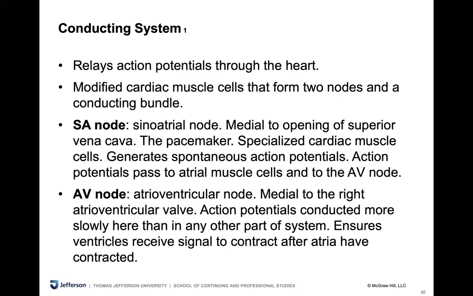Action potential is conducted more slowly here than any other part of the system. And this ensures that ventricles receive signal to contract after the atria have contracted. So essentially, you're going to have the SA node fire, which will cause the atria to contract, followed by the AV node firing, which will lead to the ventricles to contract.